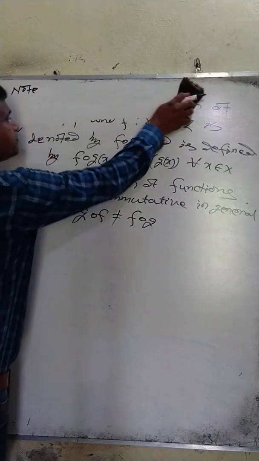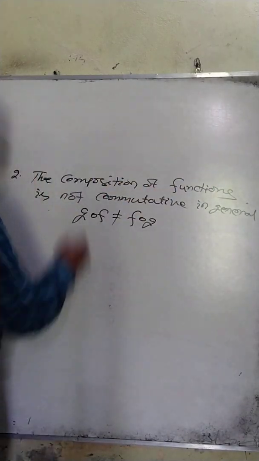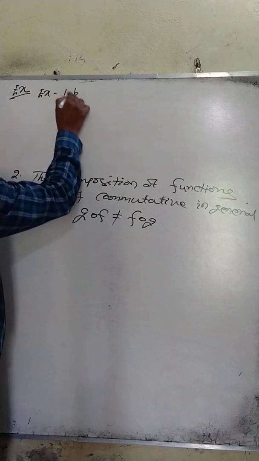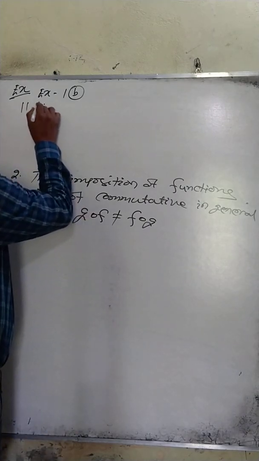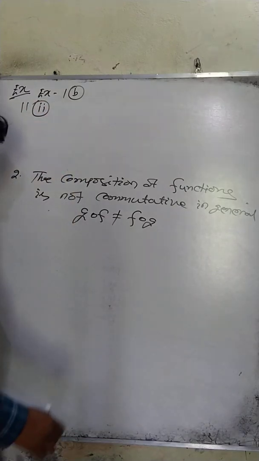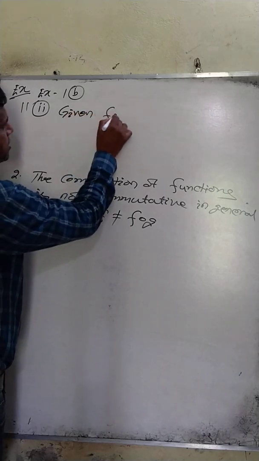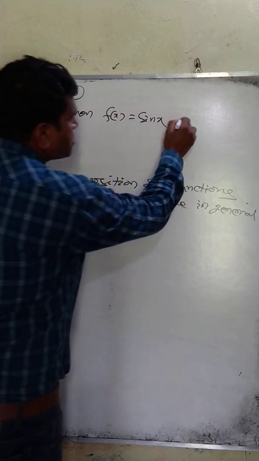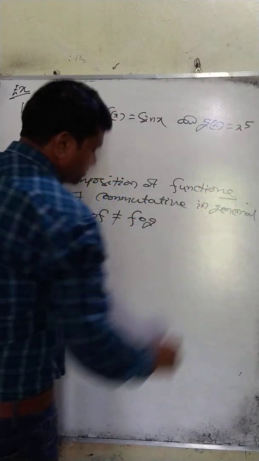Example, exercise 1B, number 11, part (i). Take, given f(x) = sin x and g(x) = x to the power 5.